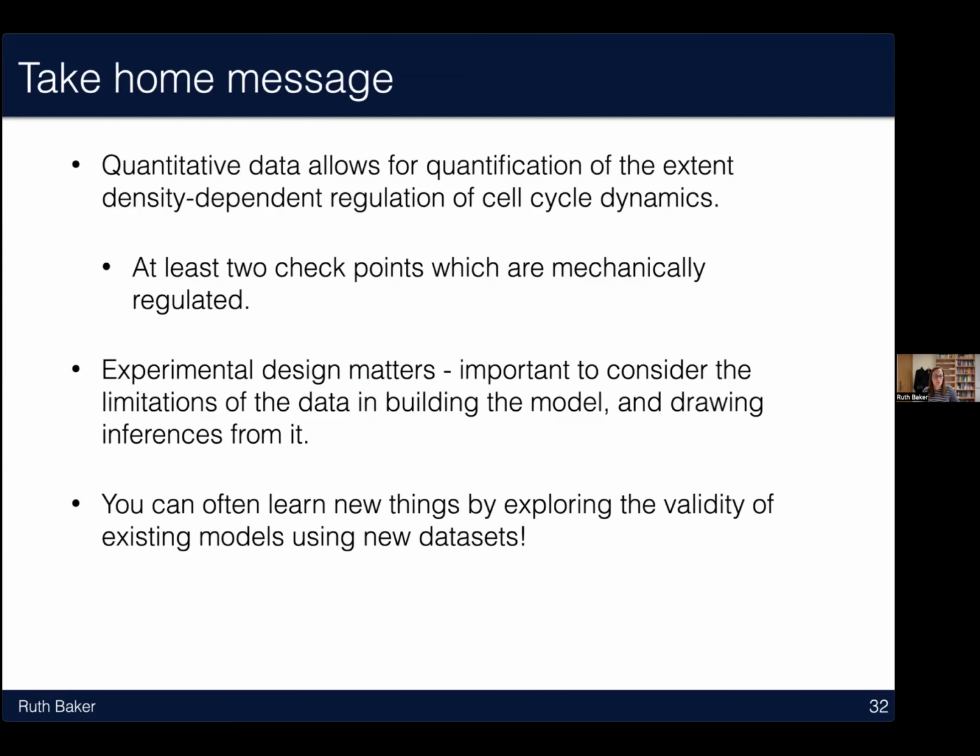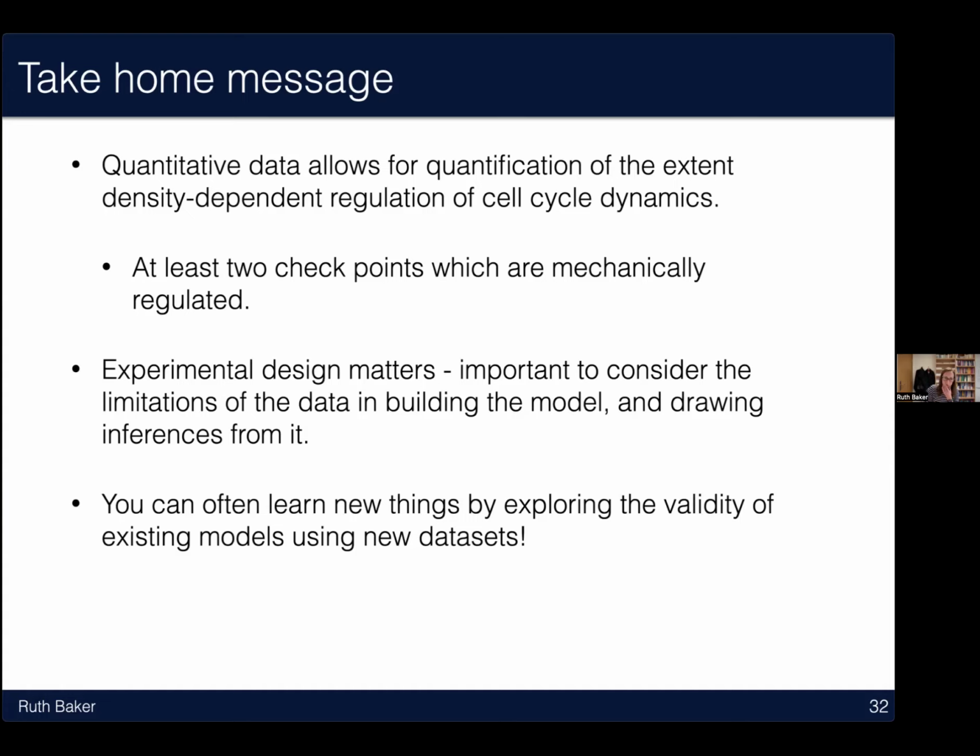Okay, so the take-home message for this talk is that if we've got quantitative data, that allows us to do so much more when it comes to thinking about the level of model that's appropriate for the data, and to really quantify, for example, the extent to which regulation of the cell cycle is density dependent.